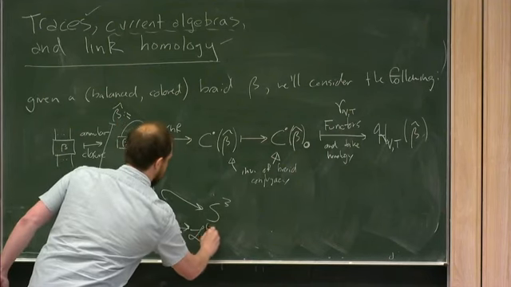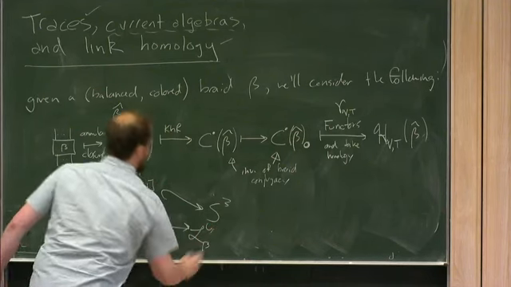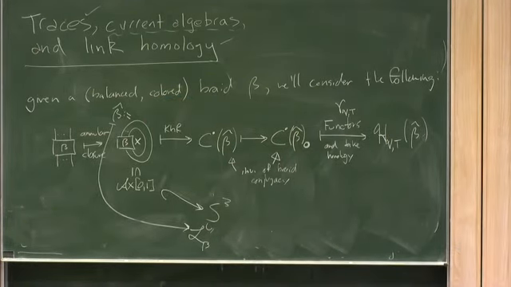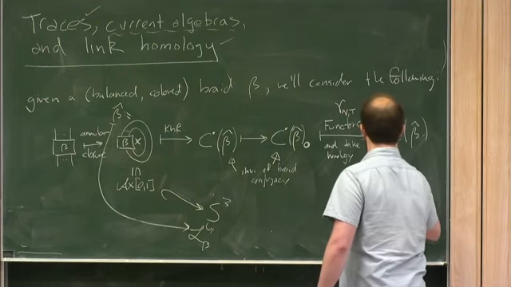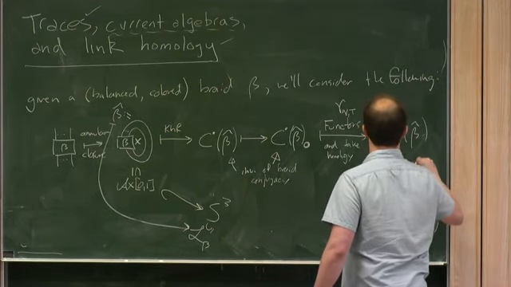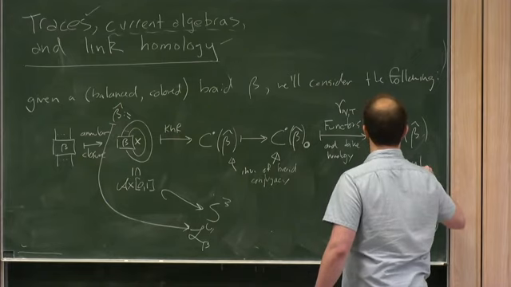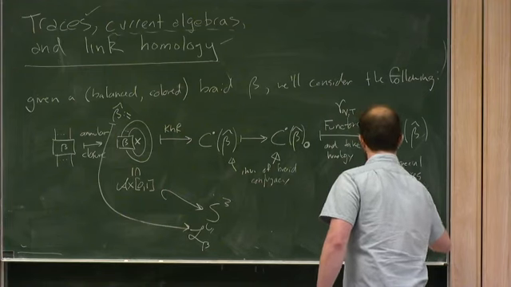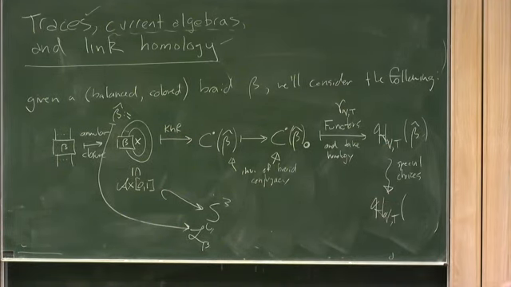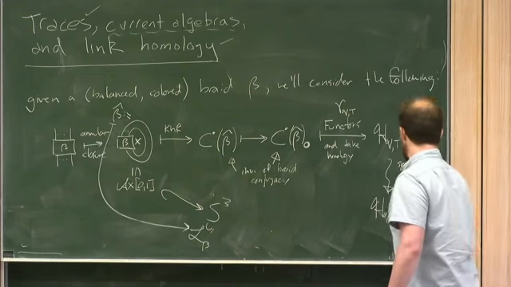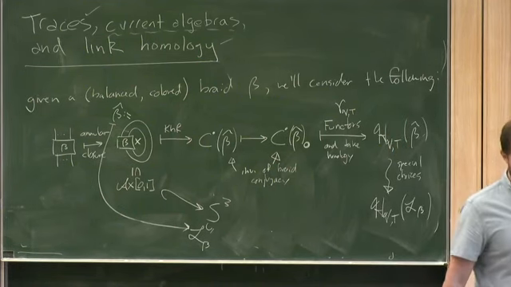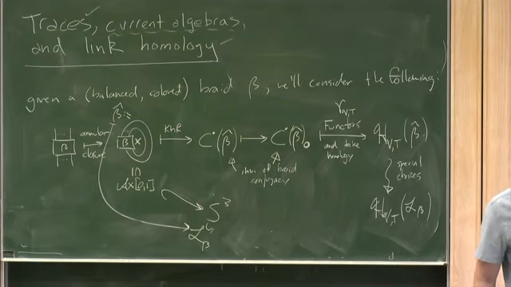So this is now a link sitting inside S3. And it turns out that for special choices of these parameters v and t, we'll actually get invariance of the link sitting inside S3. Okay, so that's the general outline of the construction.